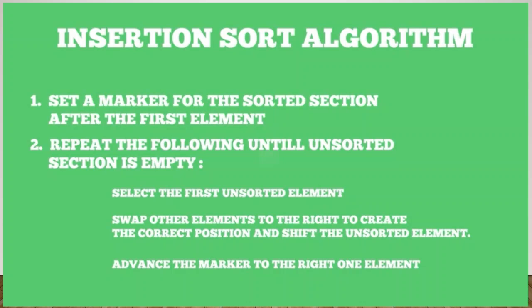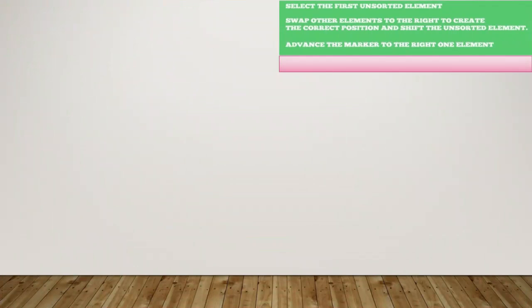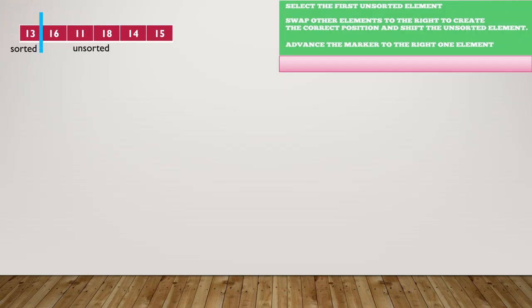Let us see how the insertion sort pseudocode works. Here is a list of elements, and you can see the sorted section and unsorted section. The first element 13 is part of the sorted section, and 16, 11, 18, 14, 15 are in the unsorted section.